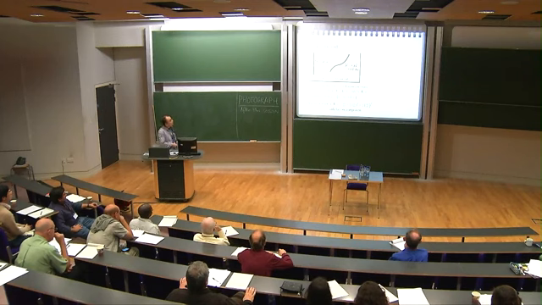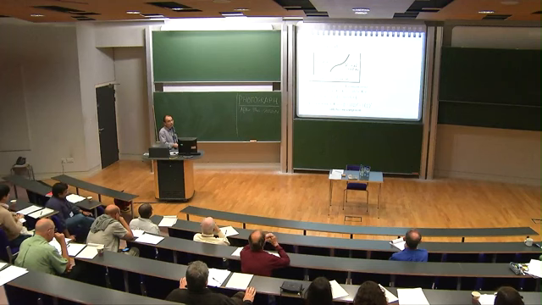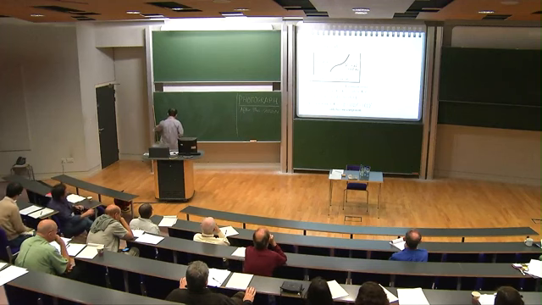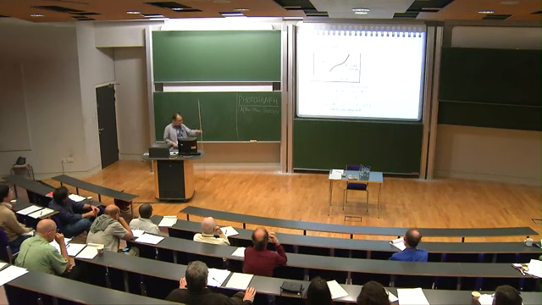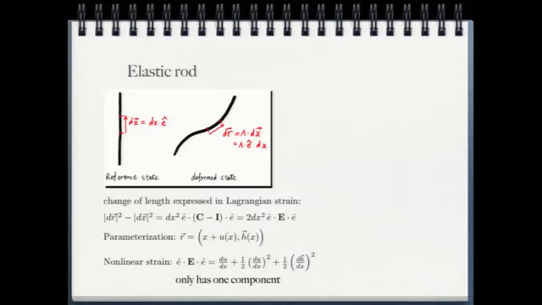So let me start with the simplest example, an elastic rod. We have a rod. The ground state is straight, and let's set up the coordinate system such that the axis is parallel to the x-axis, for example. This is our reference state, and let's consider an arbitrarily deformed state, where this rod is no longer straight.